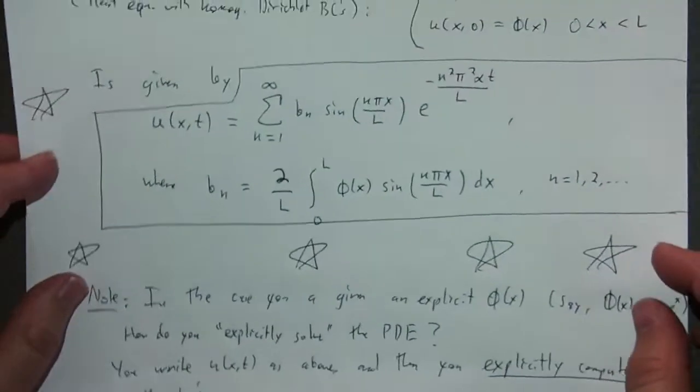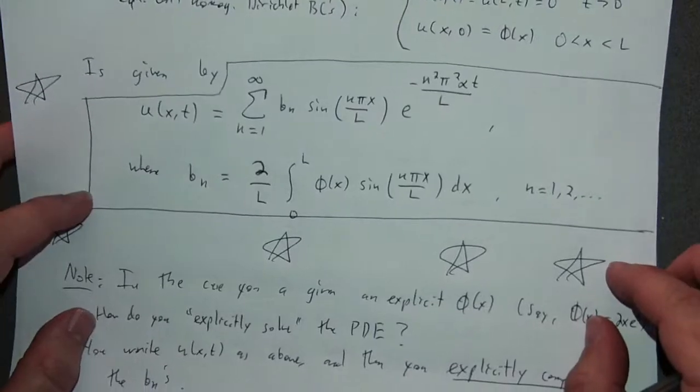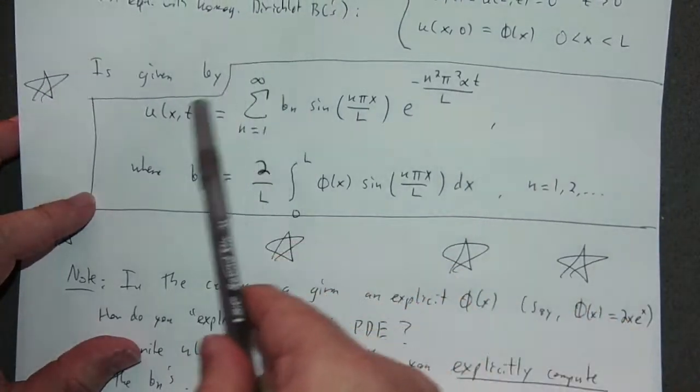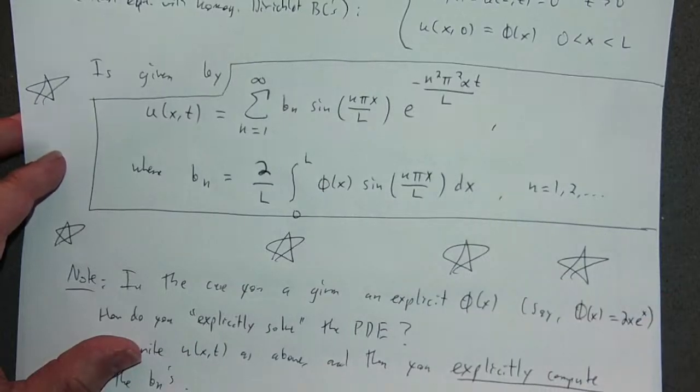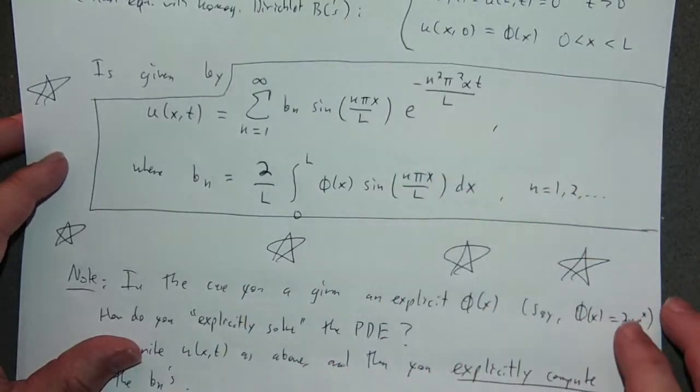Now, before I'm totally done with that, I want to ask you a question, right? So here I say the solution is given by this thing. Let's question whether or not this actually makes sense with what we've previously seen.